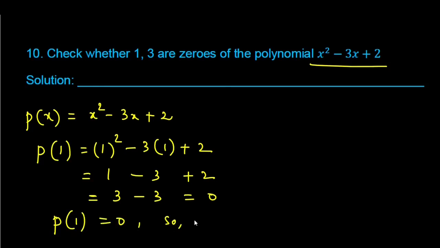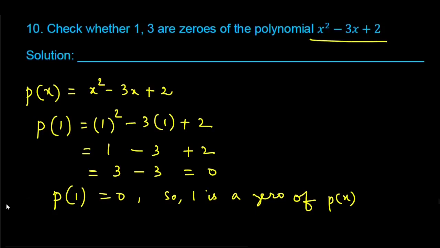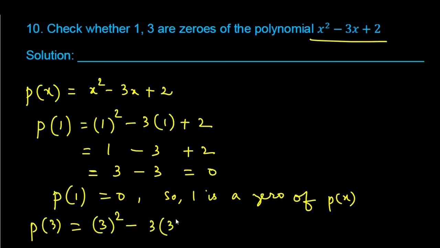P of 1 is 0. So 1 is a 0 of P of x. Now let us check for 3. What is P of 3? The polynomial is x square minus 3x plus 2. So 3 square minus 3 into 3 plus 2 as it is.